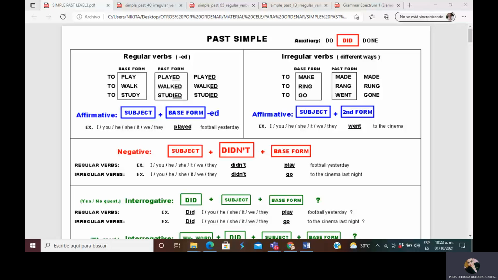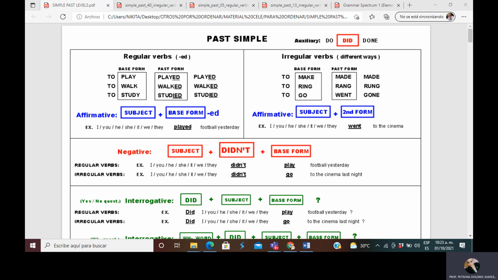On my screen, I'm showing the past simple structure, and we are talking about what the structure is individually. In the first part, I have the subject, that is the person of the action, and then I have the base form of the verb, and the ED. In this case, what I'm showing you is the simple past of regular verbs.